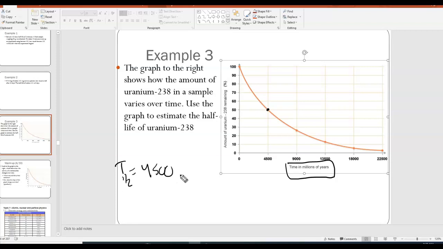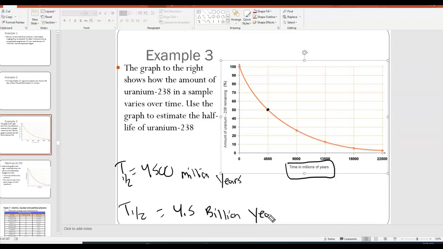So 4,500 million years. Which, if you wanted to write that in a different way, you could also say that's 4.5 billion years.